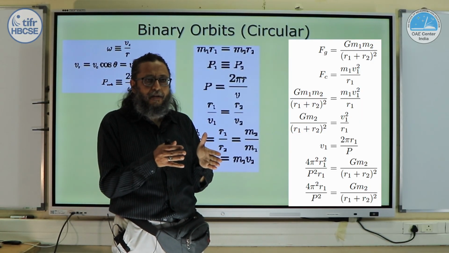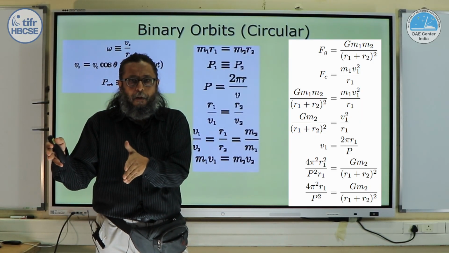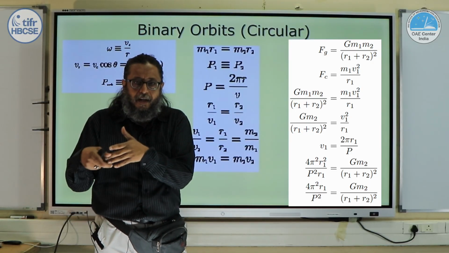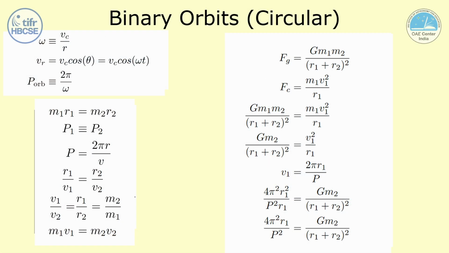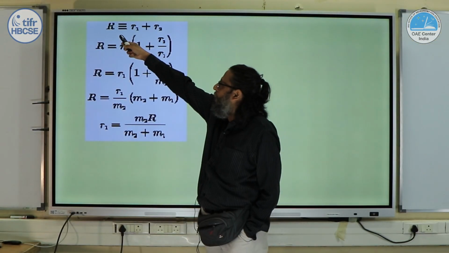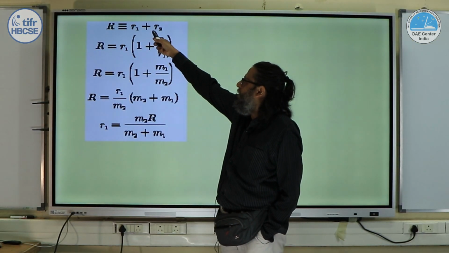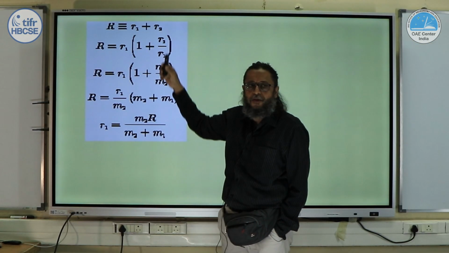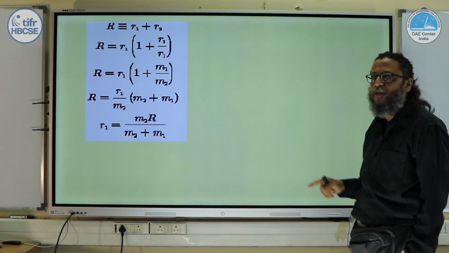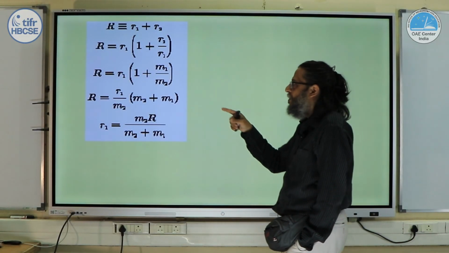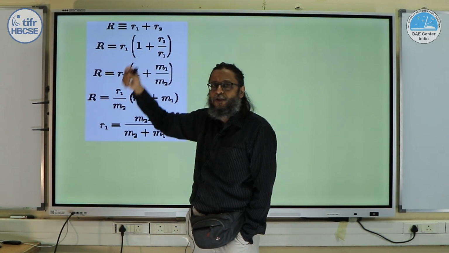You make an estimate, then you move ahead, make a better estimate, and then the better estimate value is put in the previous equation. So, if we replace capital R equal to R1 plus R2, this is the separation of the two bodies. Again, I'll repeat, if it is circular, it remains constant. Otherwise, this particular quantity will change as a function of time.